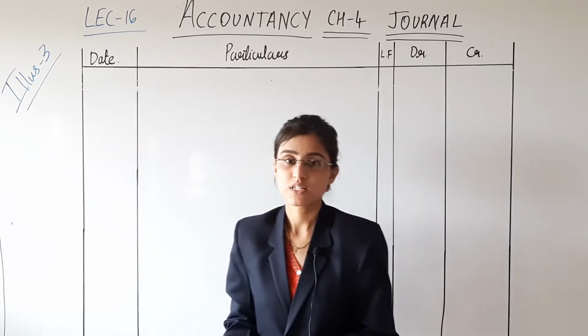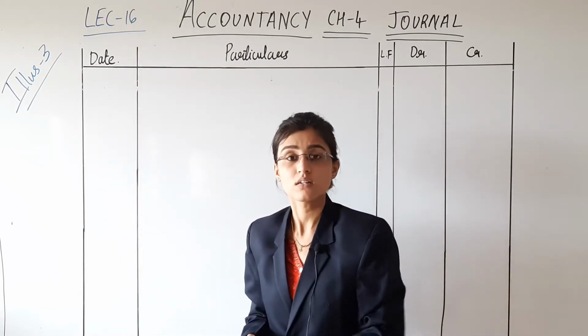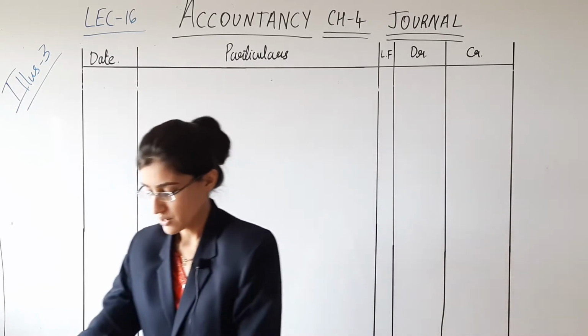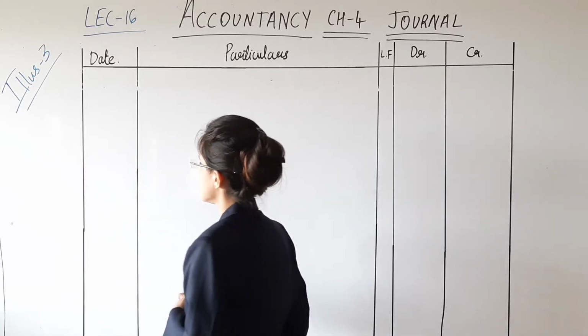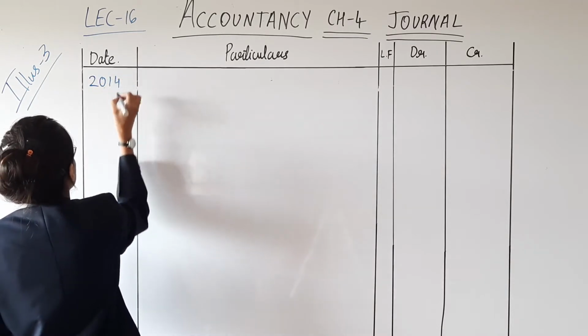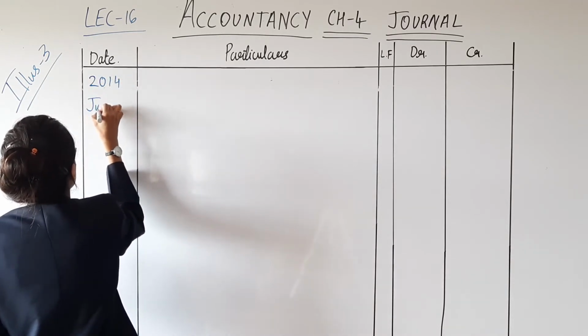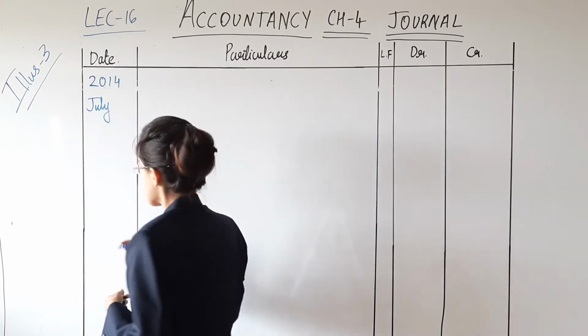As I said, firstly you will be writing down the year here, then the month and then the date. So let me do that first. It is 2014 July 1st.